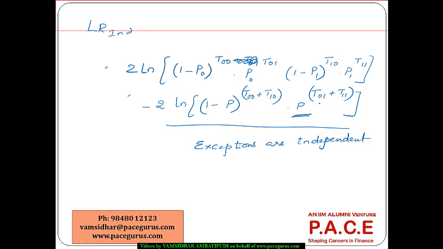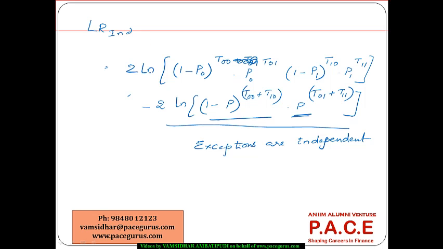Exceptions are independent, and the second term is simply talking about the maximized likelihood for the observed data. Now once I plug in the formula, I will get it, right?